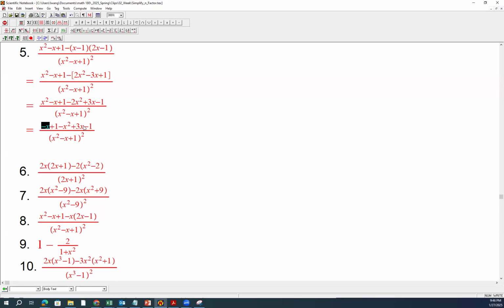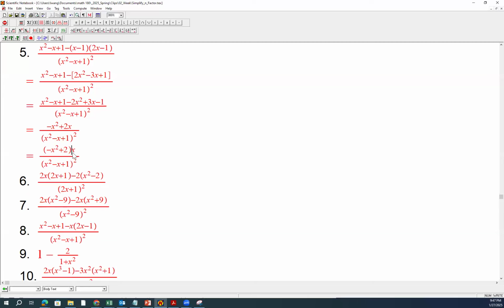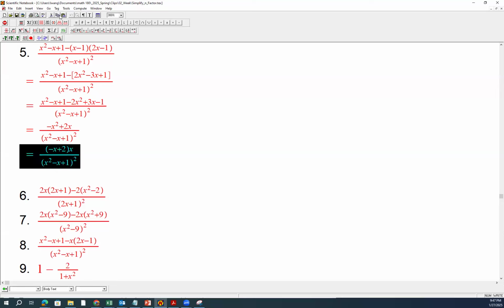Minus x plus 3x makes plus 2x. Positive 1 and negative 1 make 0. And we prefer the answer to be in factored form, so last but not least, we factor out the x. So that's the answer.